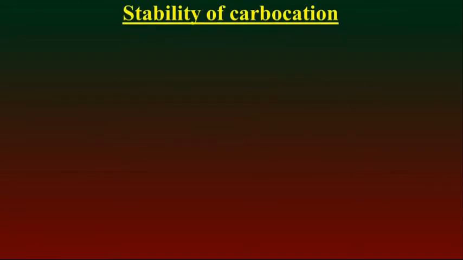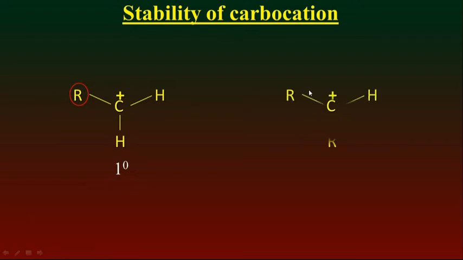Now we will follow the next example. Consider the carbon atom where one alkyl radical is bonded with a positive carbon, so it is called 1 degree carbocation. And then consider the next one, where the carbon atom contains 2 alkyl radicals, so it is called 2 degree or secondary carbocation.